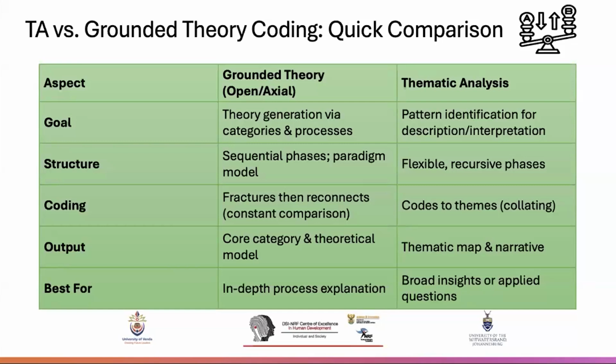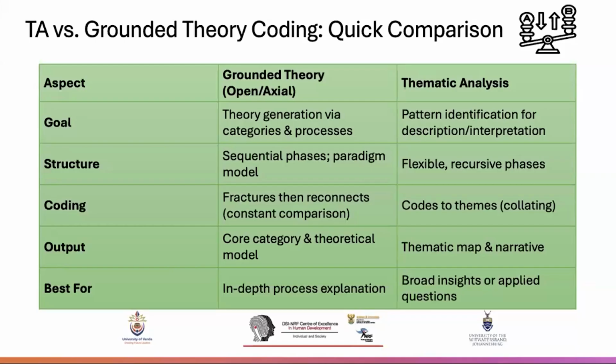Grounded theory is best for an in-depth process explanation. Like I've mentioned, theorizing leads into much deeper rigor in developing that theory. Thematic analysis is much more useful for capturing the broader insights, and it's very useful in applied questions.